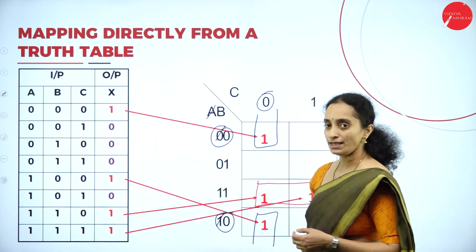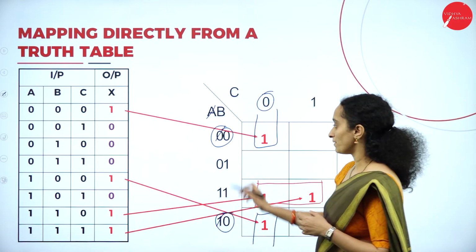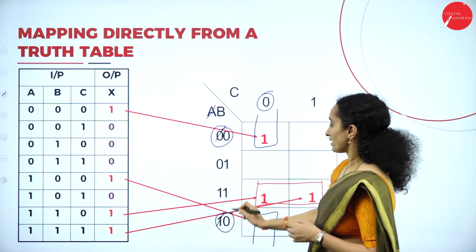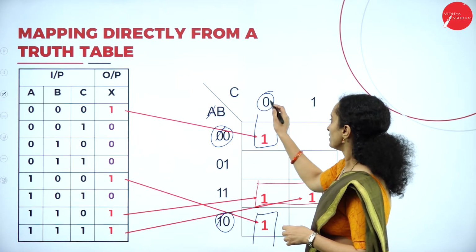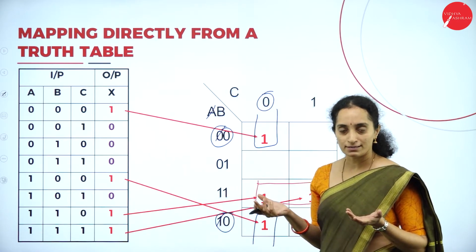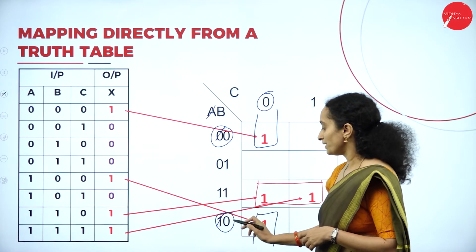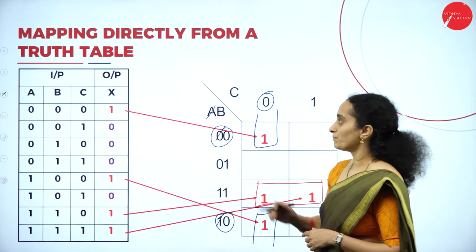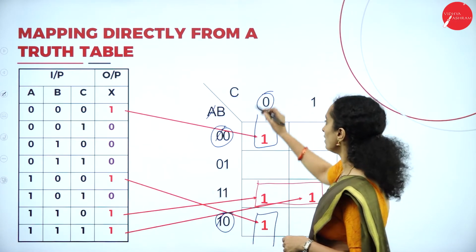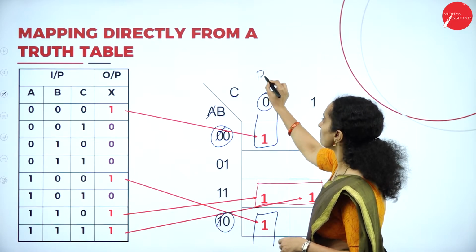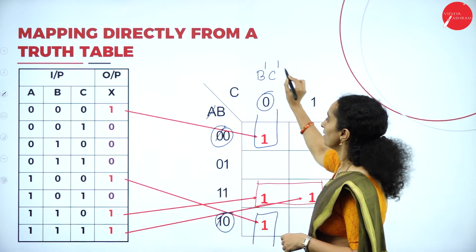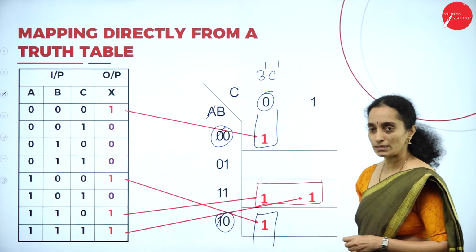When you look at B, it is in the complement form. Now, you can consider B. C has nothing to compare with, so C will be kept. B is also in the complement form. C is also in the complement form. The expression will be B dash into C dash.